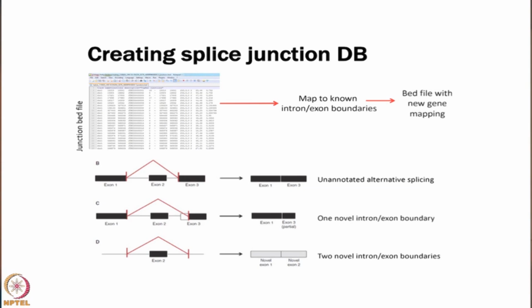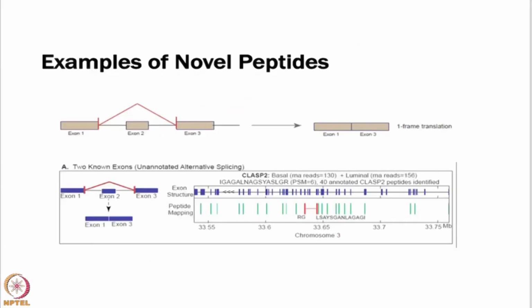The way that we deal with this changes based on what kind of novel splicing it is. Here is an example of alternative splicing with two exons that are known. You can see the peptide data and the exon structure.